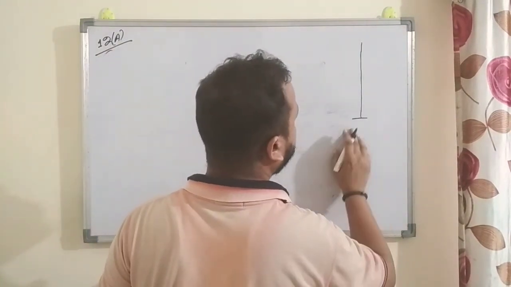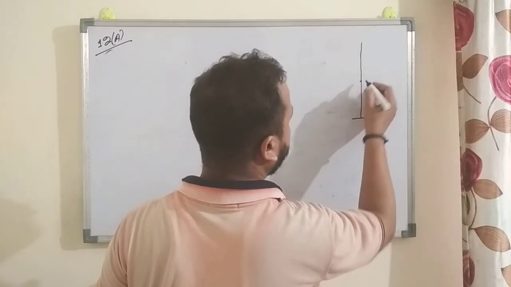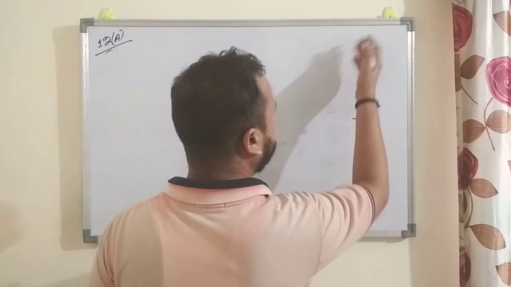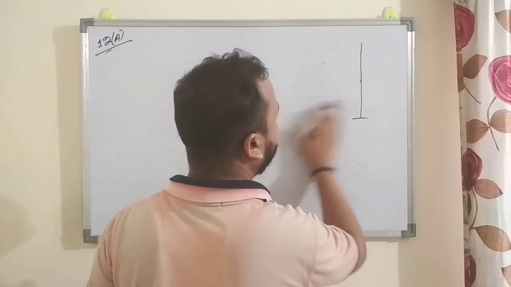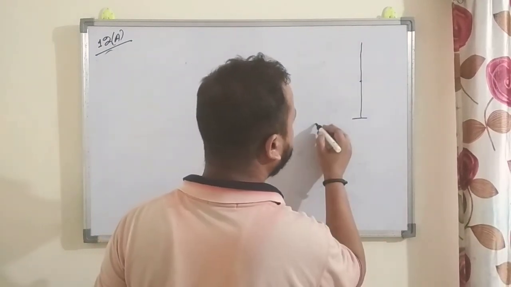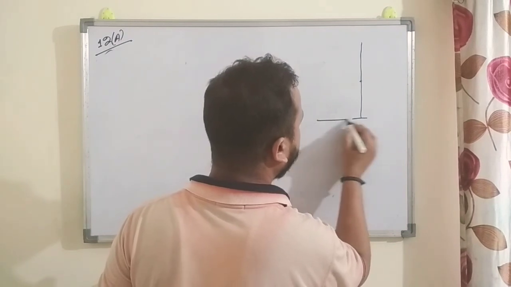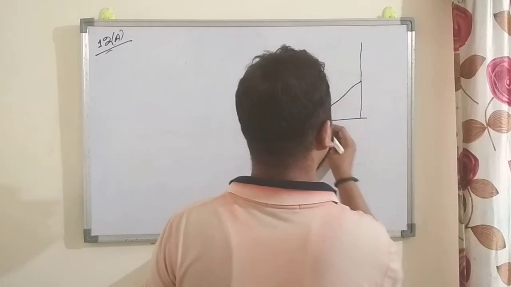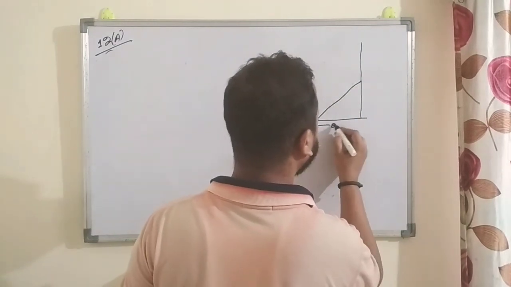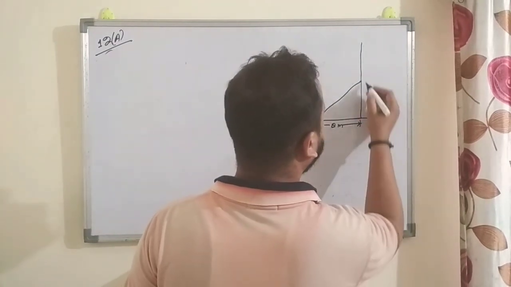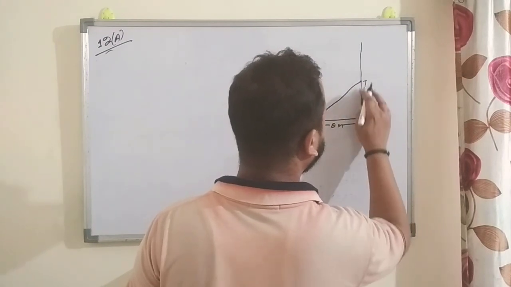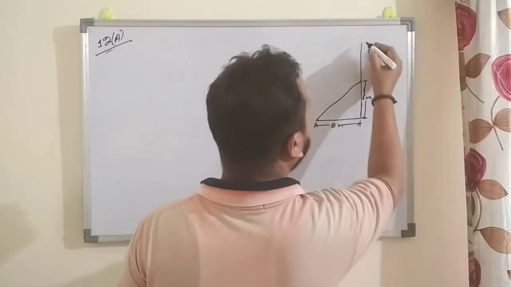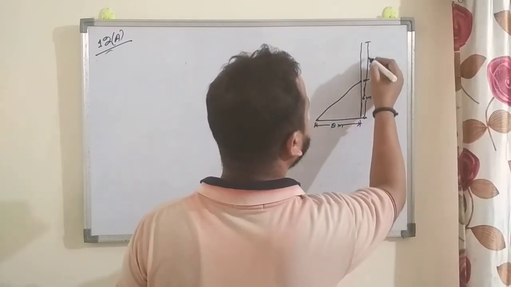Suppose this was broken from here, and this part just folded and touches the ground this way, and this length is given as 8 meters. This length is given as 6 meters. You have to find this length.